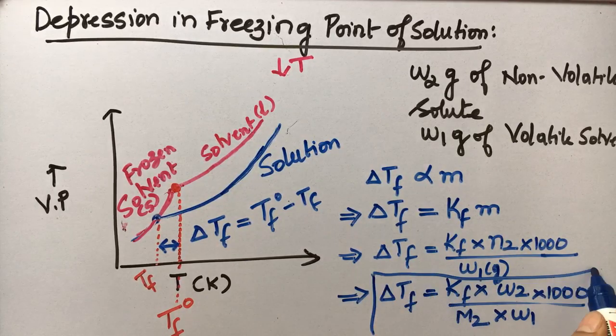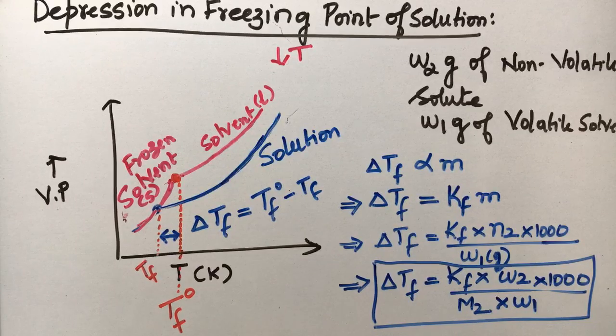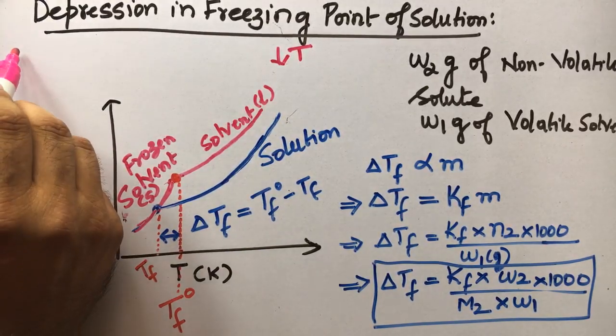Just like in the previous case we had a constant called the ebullioscopic constant, or molar elevation boiling point constant, here also you will have a constant which is known as the molar depression freezing point constant. Now tell me, students, what does Kf stand for?